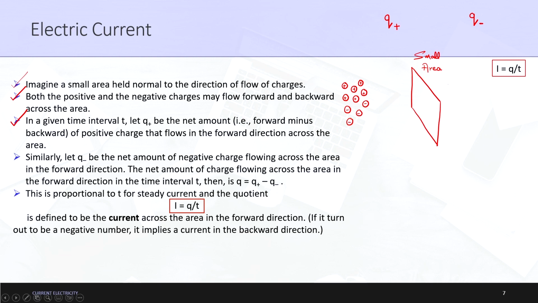Now what it tries to say is, let q plus be the net amount, that is forward minus backward, of positive charges that flow in the forward direction across the area. Let us suppose there are some charges here also.